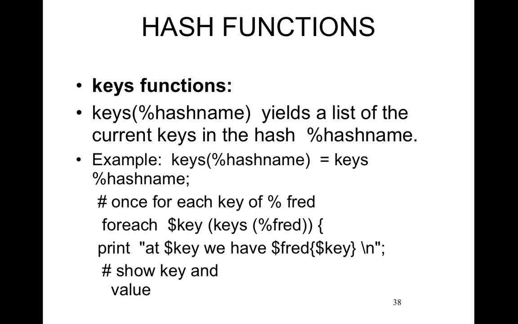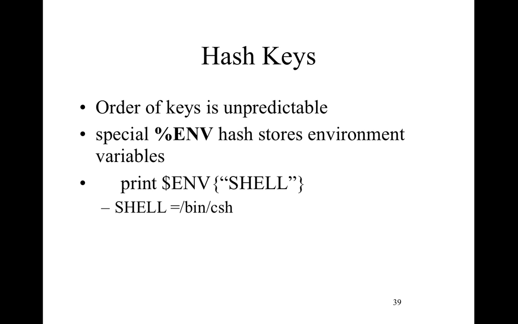What is the key for Fred? So we have this value. So this key equals this value, and then show the key value combinations. So the word key is the symbol here that we're using in keys. For each key, keys for Fred. So it's a function keys. Function name is keys, and we're getting the keys.